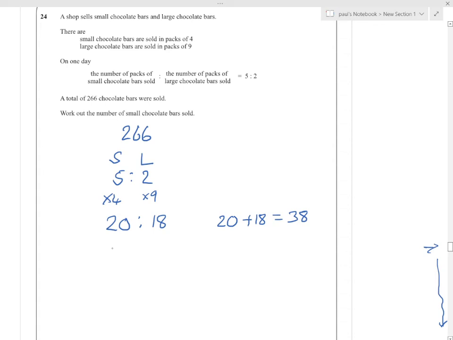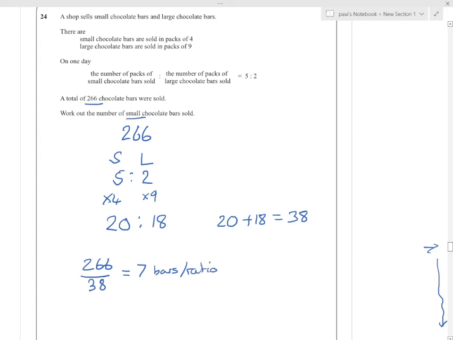Then, how many bars were sold altogether? 266. So 266 divided by the 38. Now we're cooking. 266 divided by 38. It's a difficult one. This equals 7. So that's 7 bars per ratio.